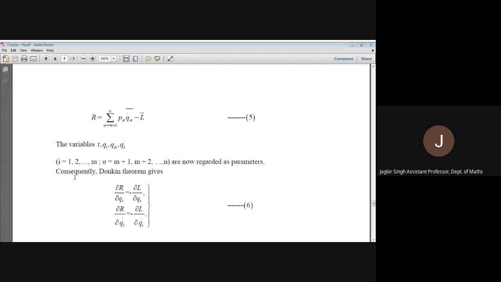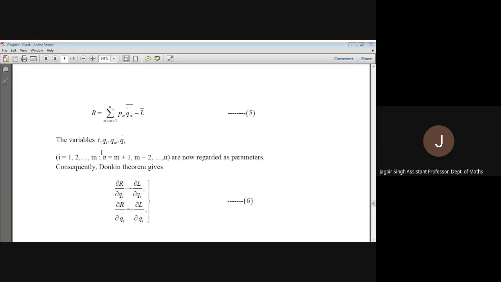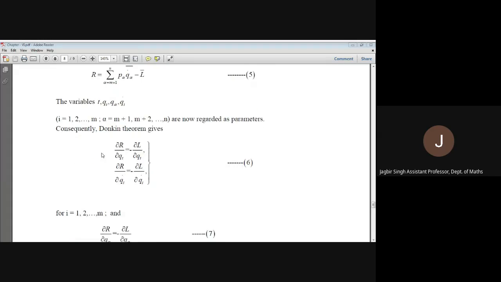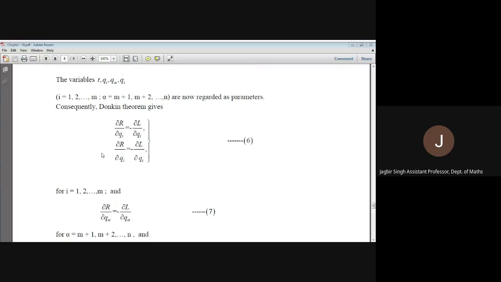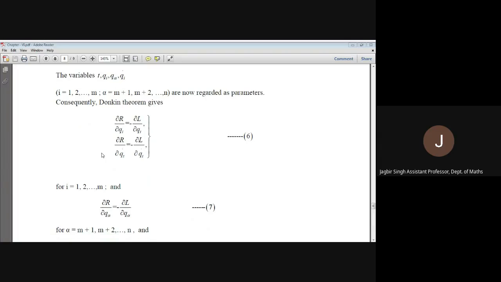Here R is the new function, L is the old function, and t, qi, q alpha and qi dots are the scalar quantities. So curly R by curly qi will be equal to minus curly L by curly qi. Curly R by curly qi dot will be equal to minus curly L by curly qi dot. Curly R by curly q alpha will be equal to minus curly L by curly q alpha.